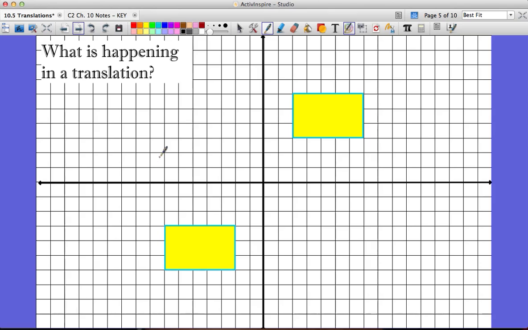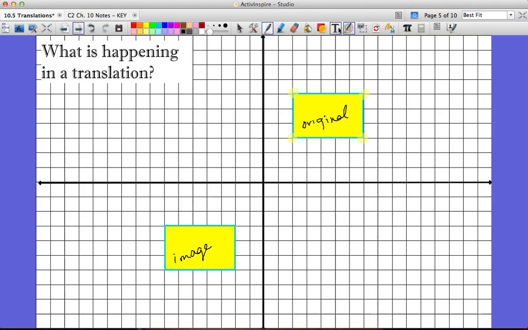All right, so what is happening in a translation? If you look at these two rectangles and you take a look at where they start, take a look at their vertices. If this is the pre-image or the original, then this shape down here is the image.